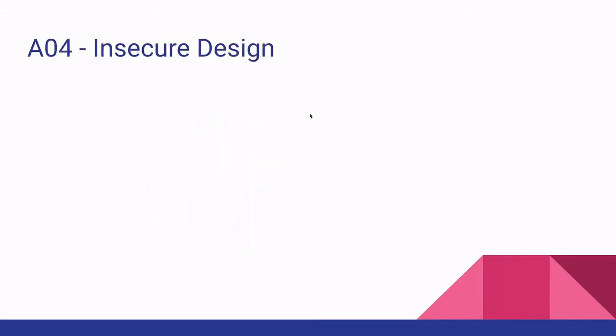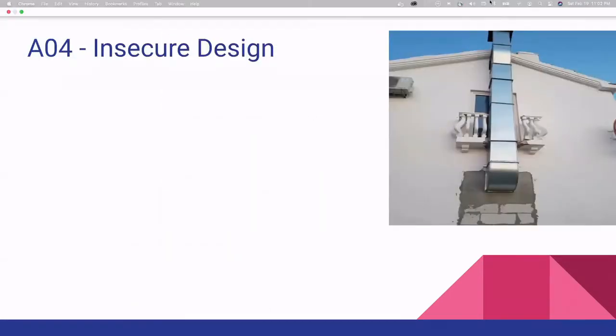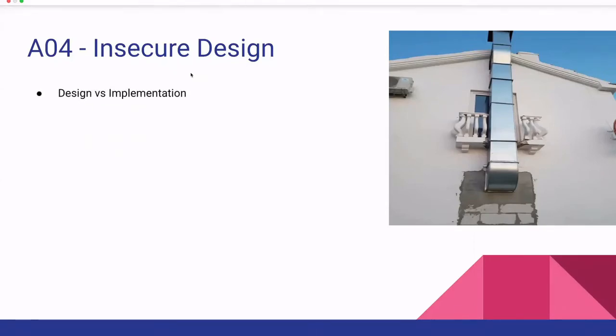So that was injection, and we move on to insecure design. So what is insecure design? This is a new category that has been added as part of OWASP Top 10. As the picture here depicts, it's very important you design way ahead, right?